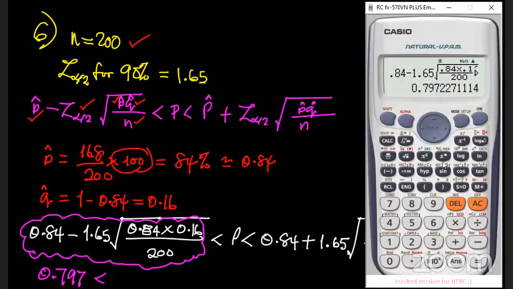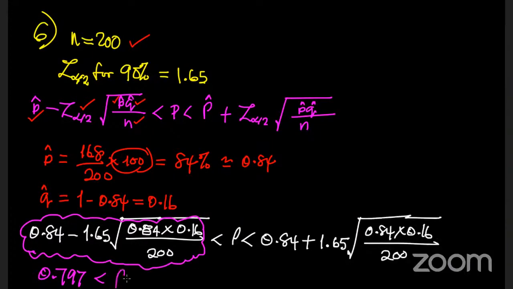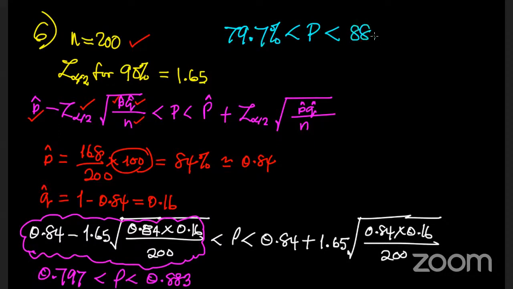All we need to do is change the sign from negative to positive. That's it. So 0.883. Take note that this means P is between 79.7% and 88.3%.